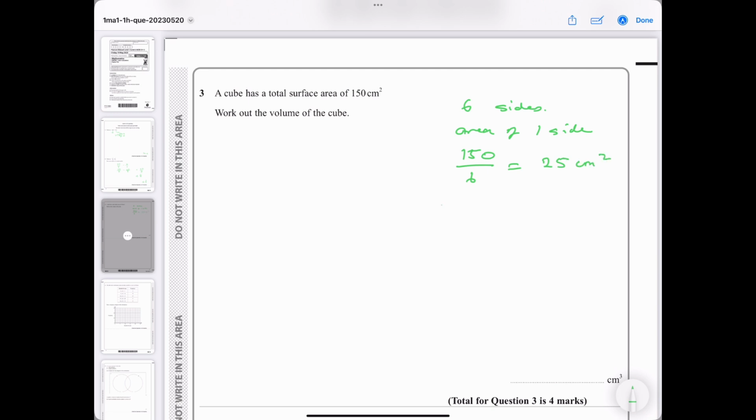So that means that if a face is 25 centimetres squared, a side is the square root of 25, which is 5 centimetres. And to find out the volume, we do a side times a side times a side, which is 5 cubed, which you should all know is 125 centimetres cubed.